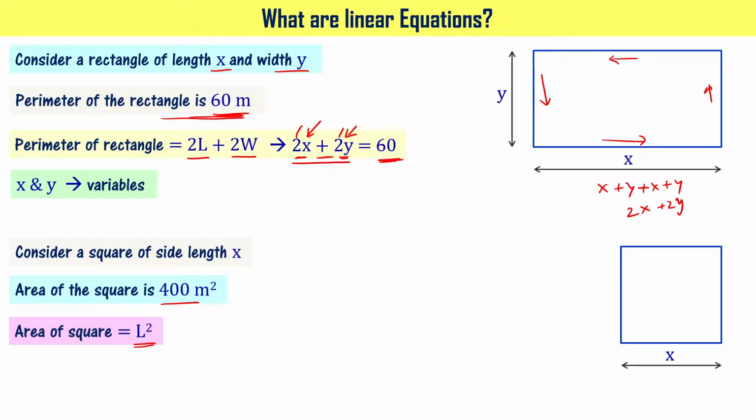Since x is the length of the side of the square, I can say that area of square is x square. That is given as 400 meters square. It means x square equal to 400 is another algebraic equation, right? Here, x is the variable and 400 is the constant. Got it?